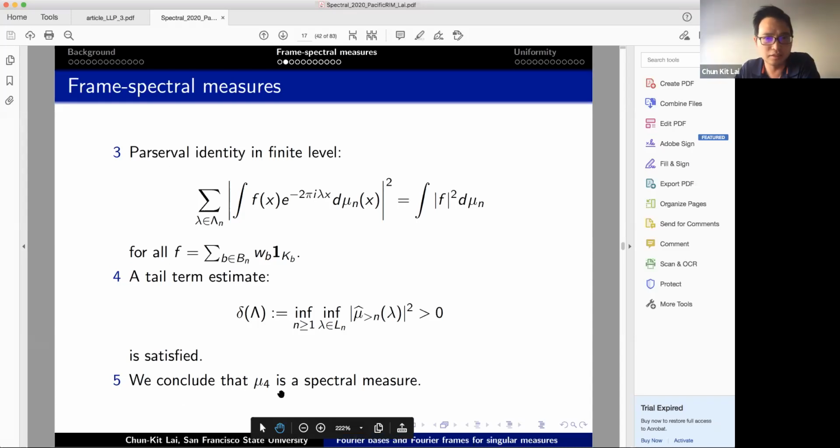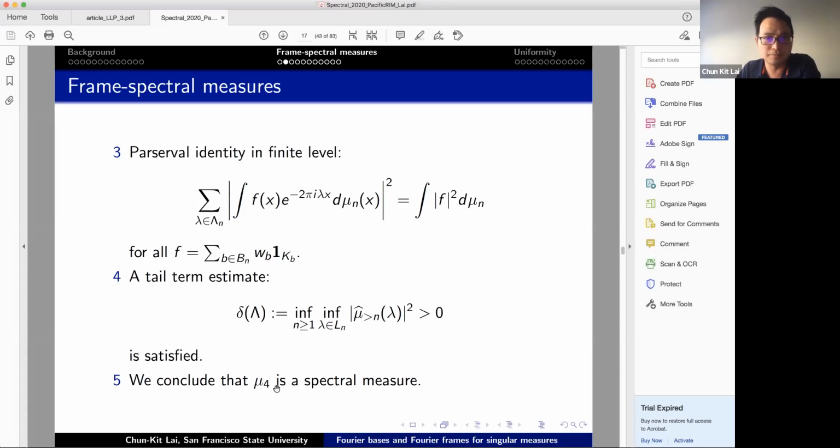So the scheme we are following is: we first find that all nth levels are good spectral measures. Then we have a little bit technical condition, which is not a very big problem; most of the time it can be satisfied, and there is a lot of theory about how to remove this condition. Then we are able to conclude the final ultimate measure is spectral.